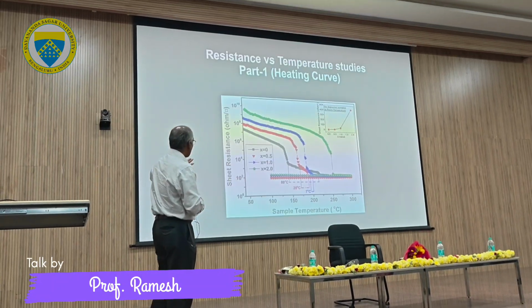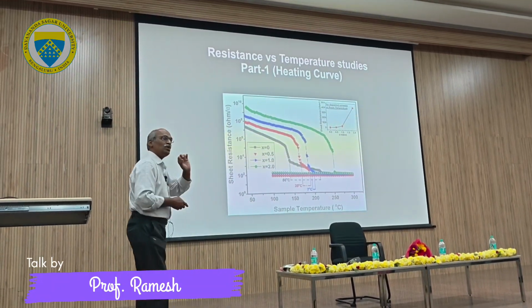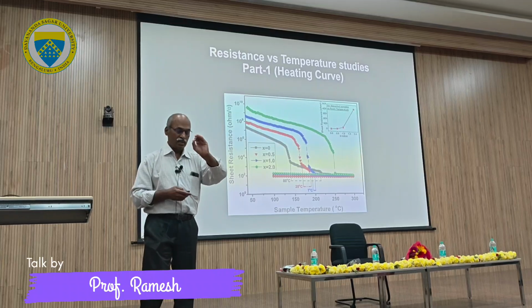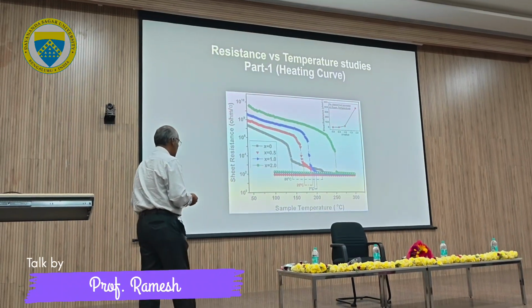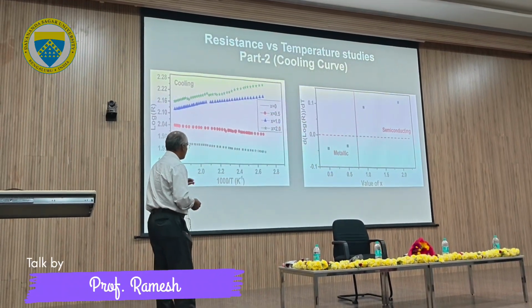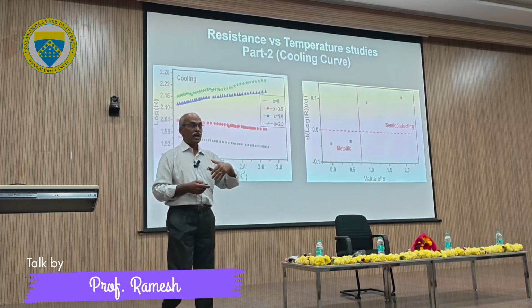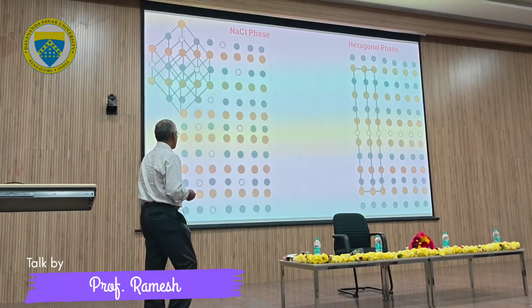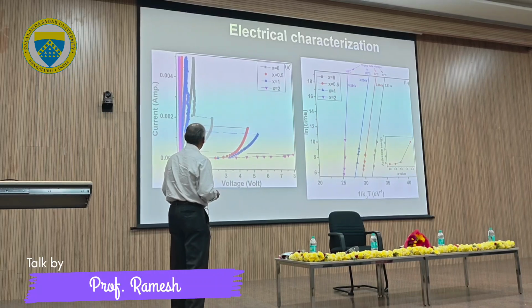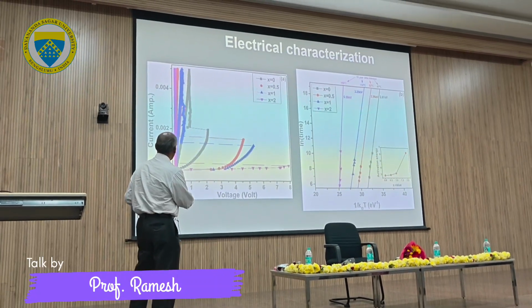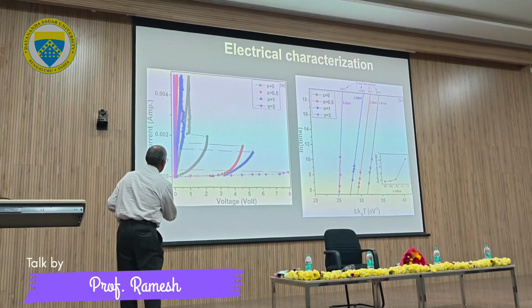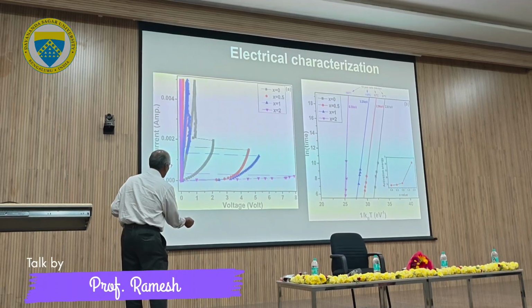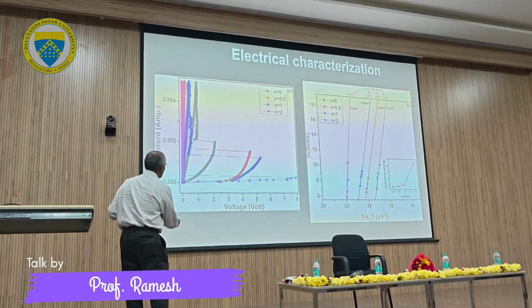And what we have done is put arsenic in place of antimony, replacing some part of it, and we see the crystallization speed is increased, and the power required to switch them is very low, right? We can see the IV characteristics. This is the germanium antimony telluride. You can see that when you put arsenic, it switches at a lower current.